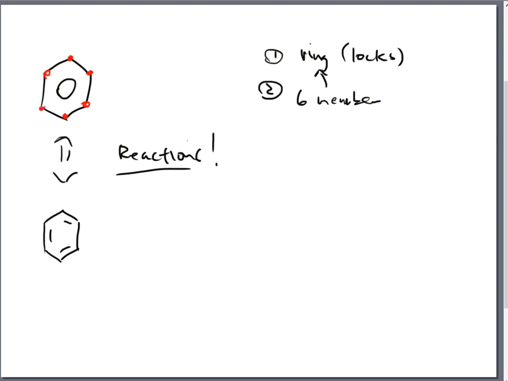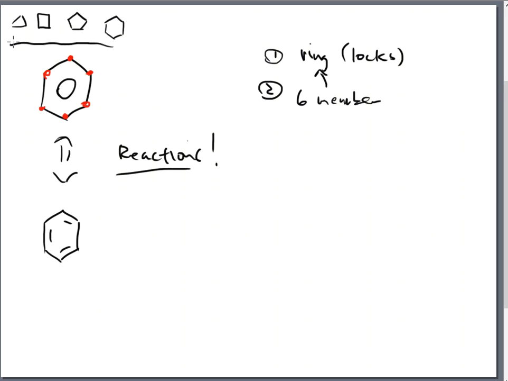So when we started talking about cyclogroups in Orgo 1, we often start off with cyclopropane, cyclobutane, cyclopentane, cyclohexane, and then cycloheptane, cyclooctane, and so forth.